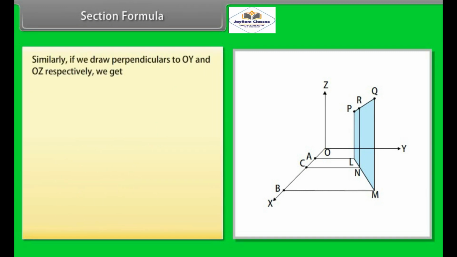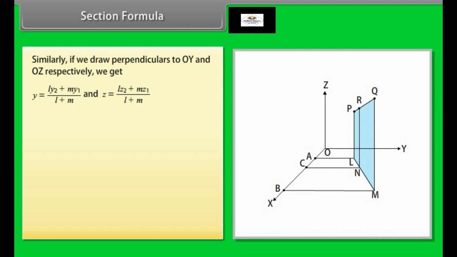Similarly, if we draw perpendiculars to OY and OZ respectively, we get y = (ly2 + my1)/(l + m) and z = (lz2 + mz1)/(l + m).